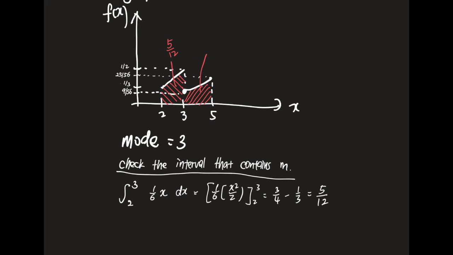Remember the characteristics of median, where it divides the area into half on the left and half on the right. That is the idea of median. Half means 6 over 12. So here it covers 5 over 12. So median should cover another 1 over 12.